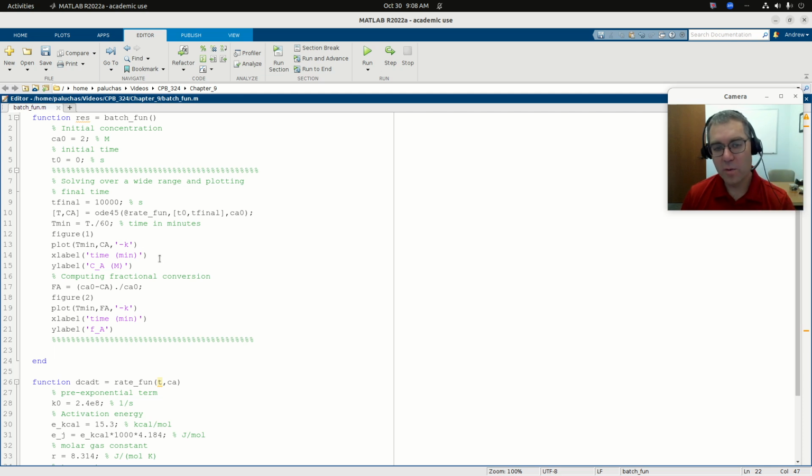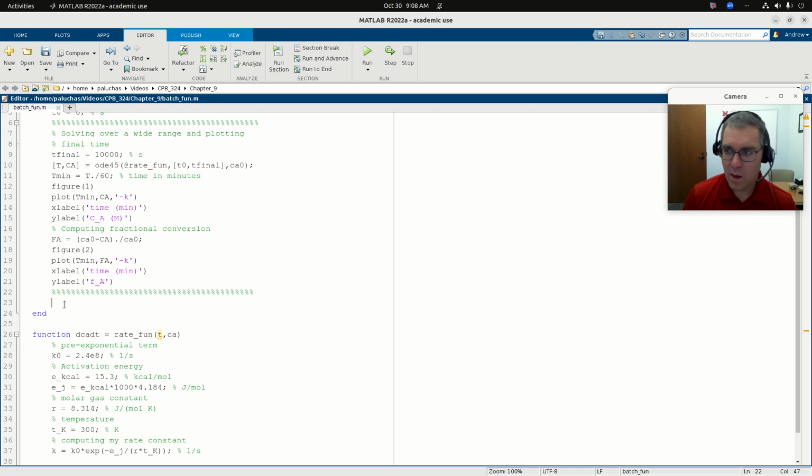For all the other ones, you can think of MATLAB as choosing delta t on the fly to achieve a given level of accuracy. And if I want to create something that looks like a function, I'm going to do it via an anonymous function. Well, no, I'm not going to do it as an anonymous function.